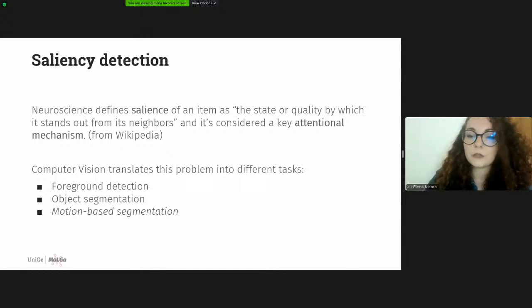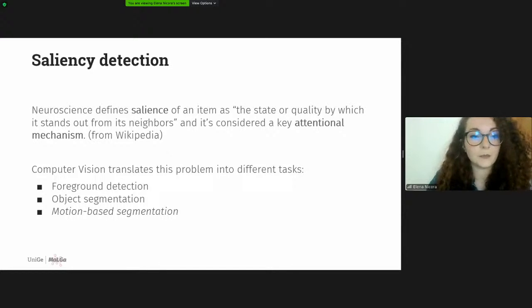In computer vision, the problem of replicating visual saliency can be translated into different tasks, and it can be based on the appearance of what we are seeing.